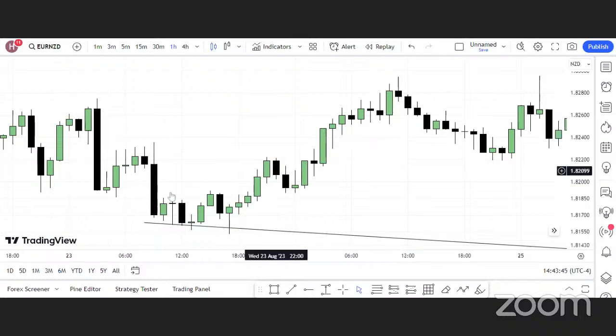So you see, after creating all of these, the market still came down to touch the trend line below and created a long wick with a small body. So I would have taken a buy trade from this after the closure of the rejection candle.